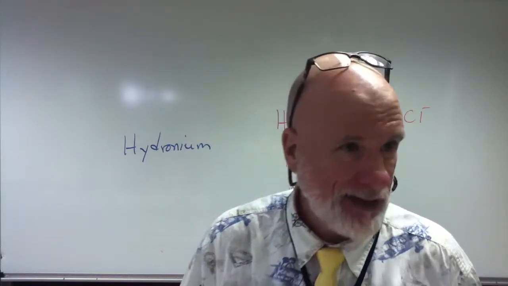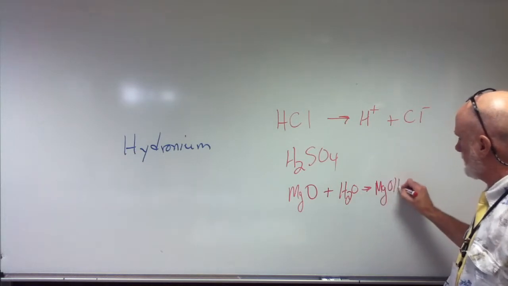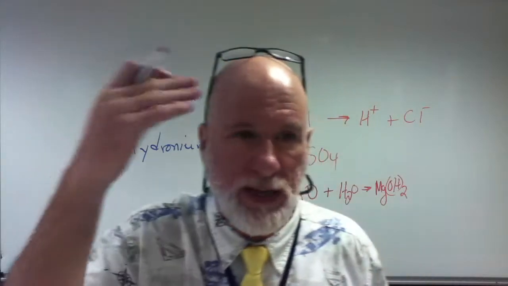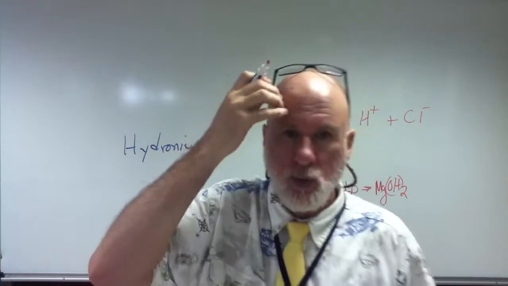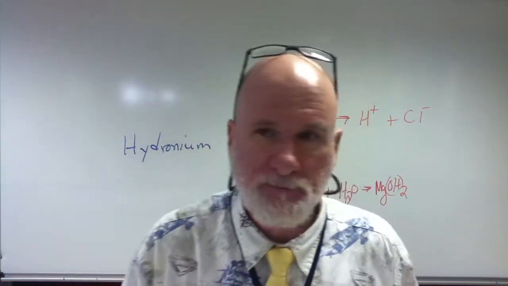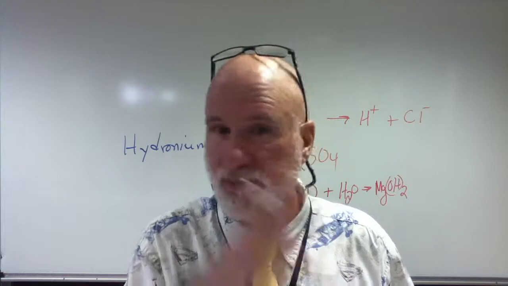Yes? You form a base. And that base is magnesium hydroxide. So when we first study chemistry, we really are studying the Arrhenius model, where an acid is H+ and a base is OH−.